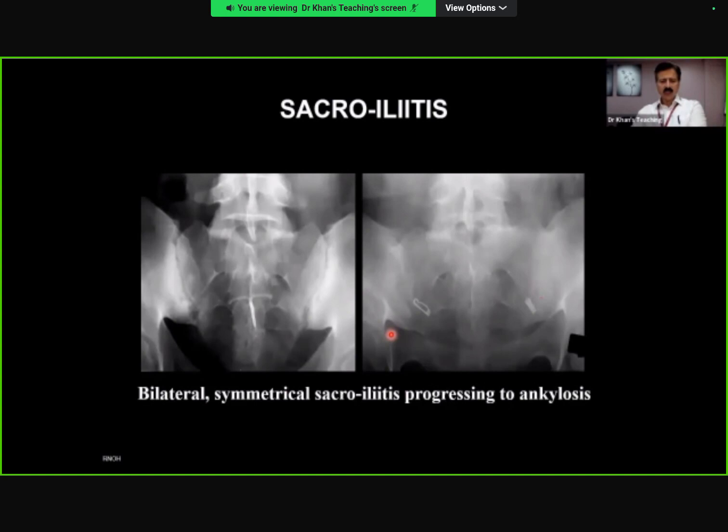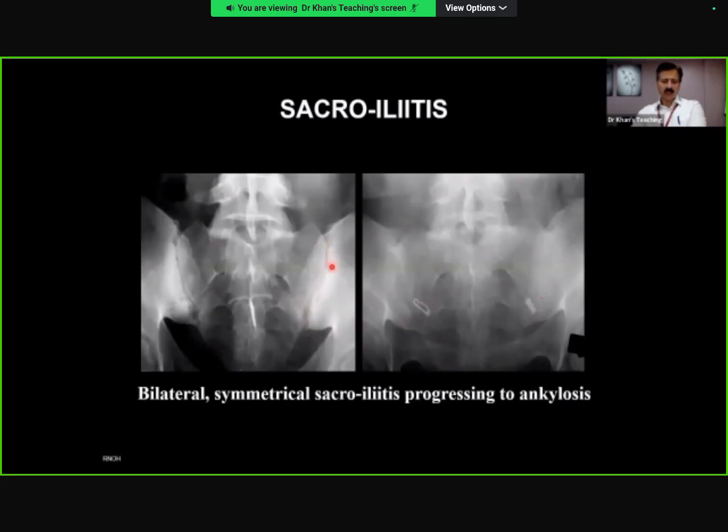Now, this is a case of ankylosing spondylitis over the years. You can see how there is ankylosis, and you can see that there was an IUCD. Now there are tubal ligation clips in the same patient. So this is just to show you how things change.